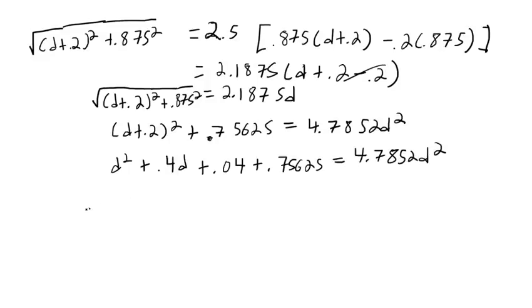Now I'm just going to bring everything to the right side and get, okay, minus 1, 3.7852 d squared plus 0.4 d plus 0.04 plus 0.8.